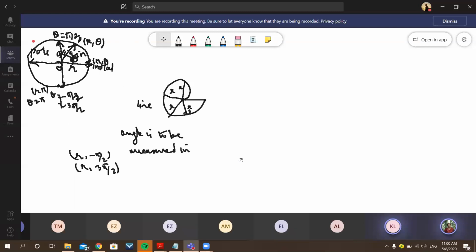The polar coordinates start with needing to have the main. See here, when you have x and y, that means you have an x coordinate and a y coordinate.